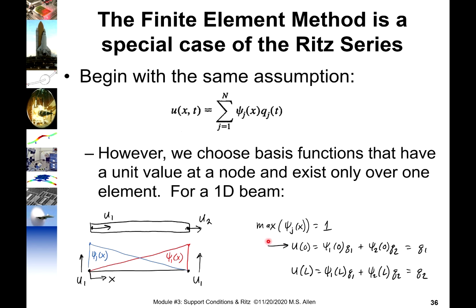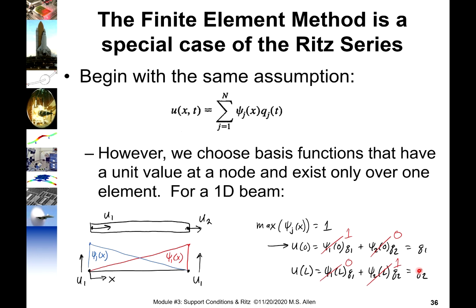Because of this property, when we plug into the Ritz series to find the displacement at each of those nodes, we find that it's equal to the amplitude of the basis function. So that makes our bookkeeping and a lot of things a lot easier.